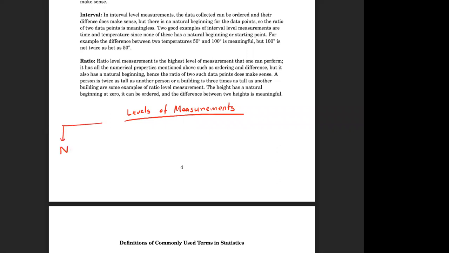That's nominal, ordinal, interval, and ratio. I will try to create a table, but I haven't done so yet, so I will do it here.